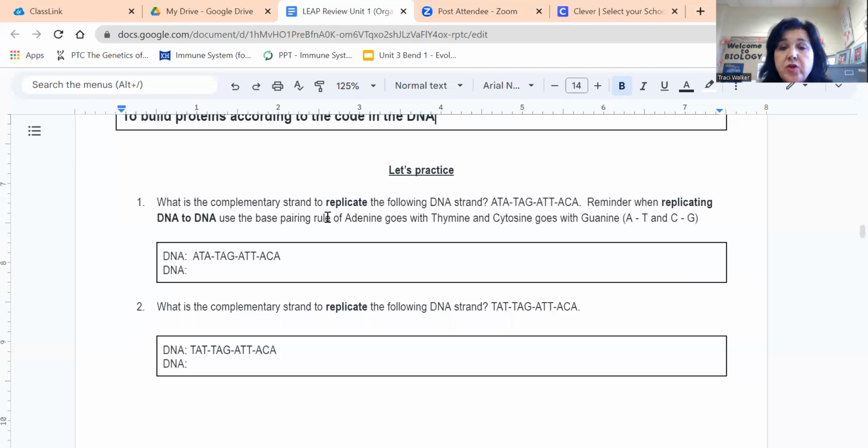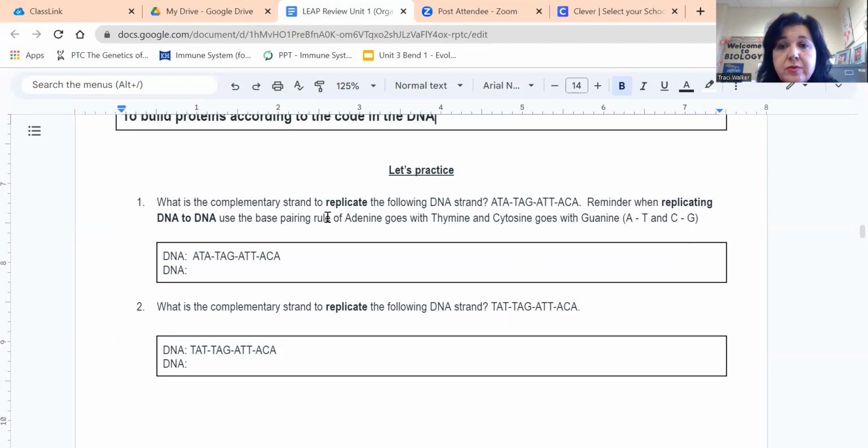Okay, so first we're going to practice DNA replication. And so remember that when DNA is replicating itself, it is making another strand of DNA. So it's DNA to DNA. So the base pairing rule is that adenine goes with thymine, cytosine goes with guanine. Remember, apple in the tree, car in the garage.